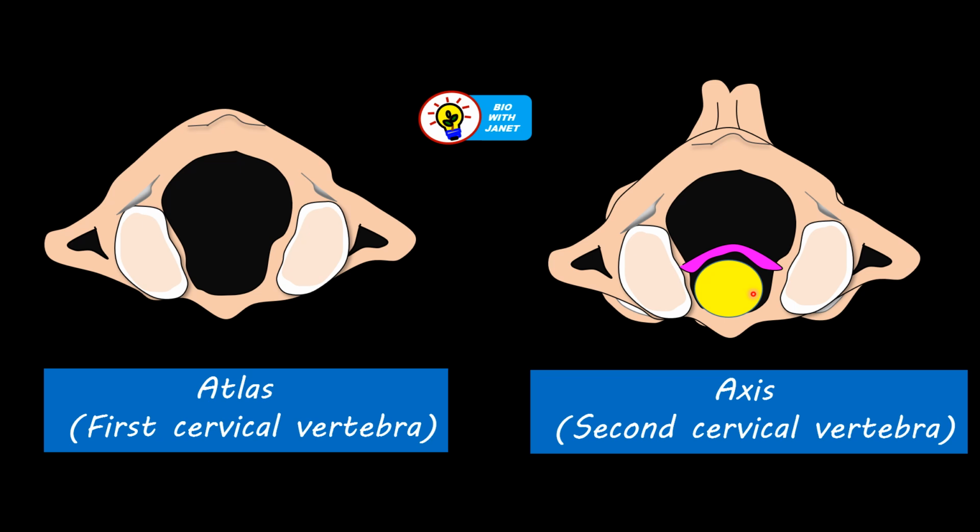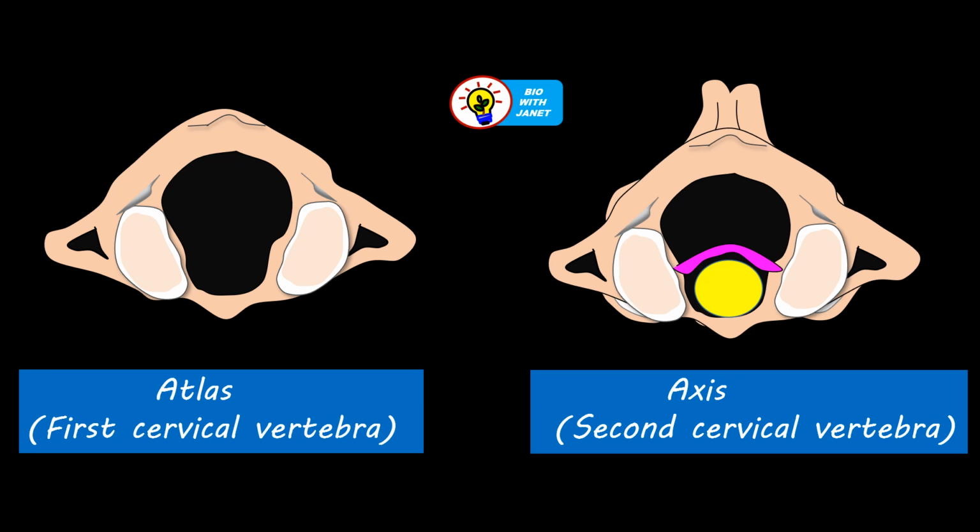Now, when you turn your head from left to right or right to left, as when you are saying no to somebody, then the atlas is actually rotating on this odontoid process, like this. So the atlas will rotate on it, and then you're able to turn your head from left to right and right to left, okay?